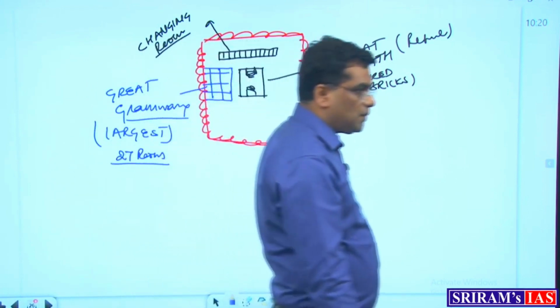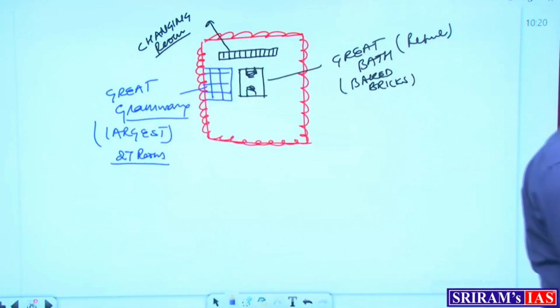There are 27 rooms with a natural cooling system. So it was cold storage. Great Granary, huge structure.